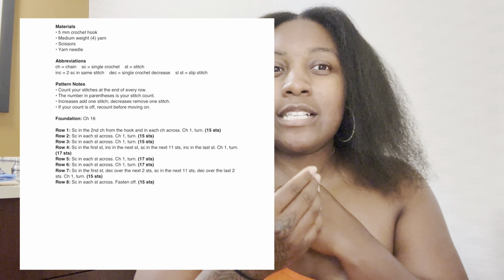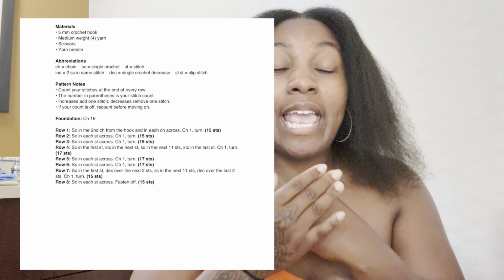Because sometimes people think that they have to chain in certain projects, but certain projects consist of just working in a continuous round. That would be in my notes, just so you won't get confused before you get to the pattern.